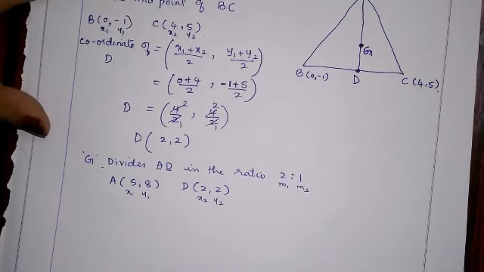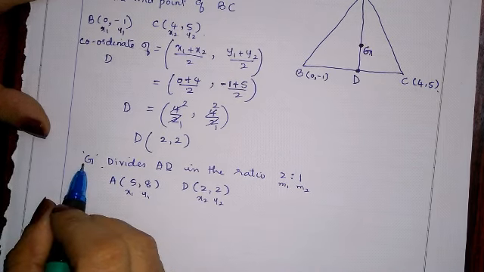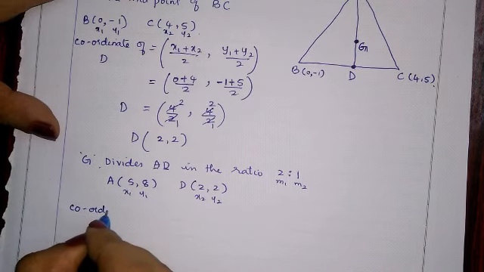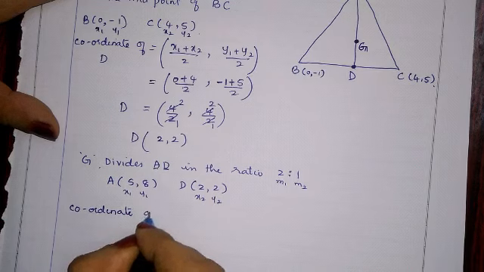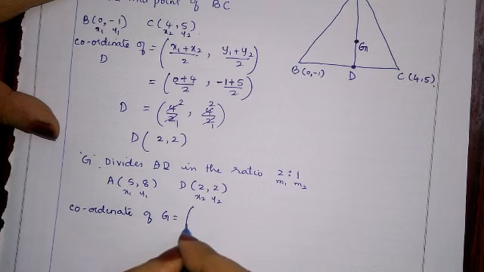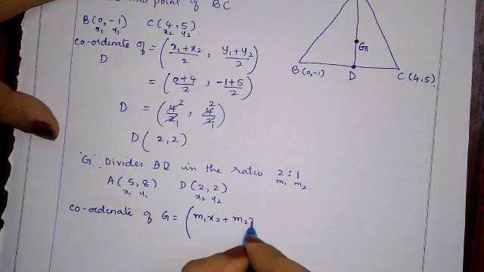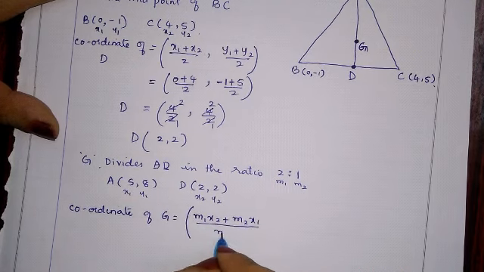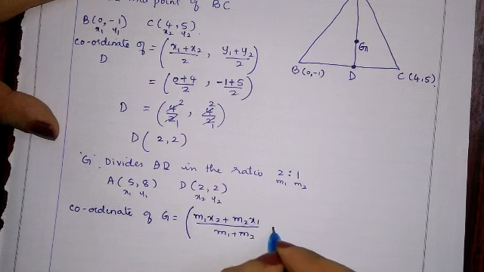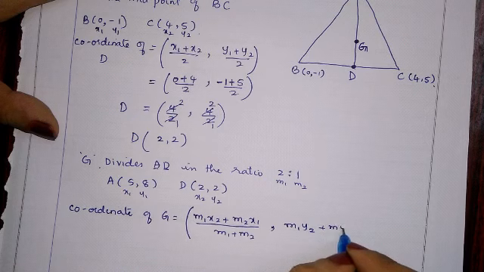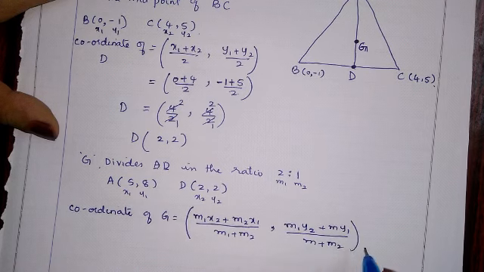We need to find the coordinates of G. We know the section formula: ((m1 x2 plus m2 x1) upon (m1 plus m2), comma (m1 y2 plus m2 y1) upon (m1 plus m2)).